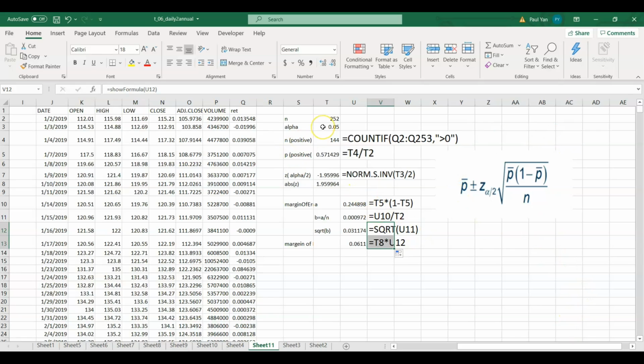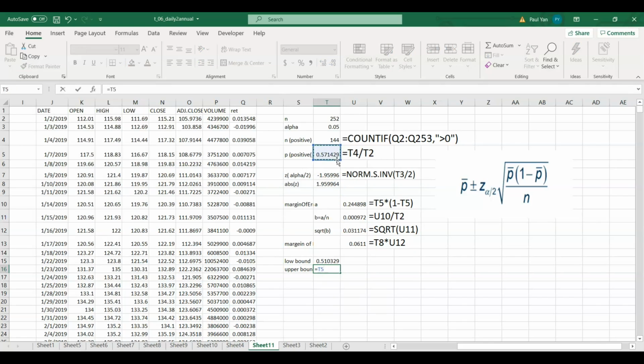Because our alpha is 5%, now we have the lower bound. Lower bound will be P minus margin of error. This is a margin of error of 6%. The upper bound will be P plus margin of error.